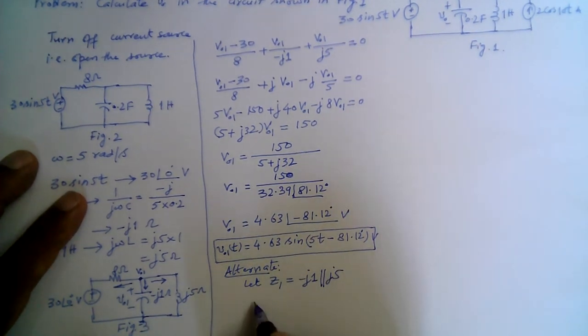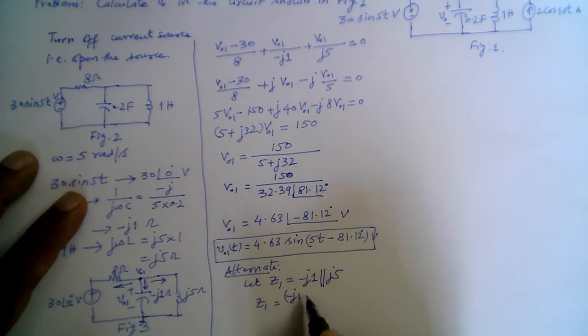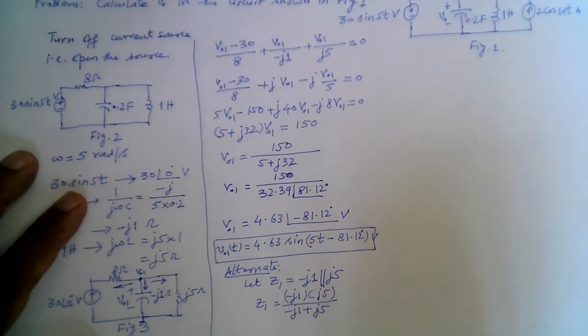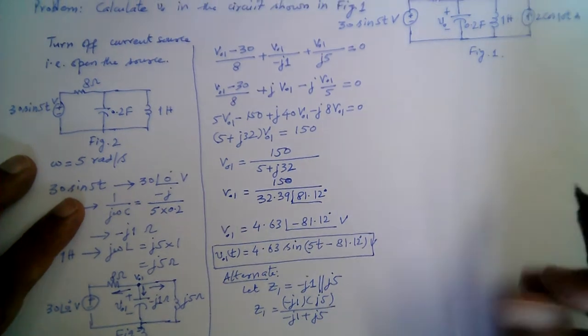So Z1 is equal to minus J1 times J5 divided by minus J1 plus J5, right?